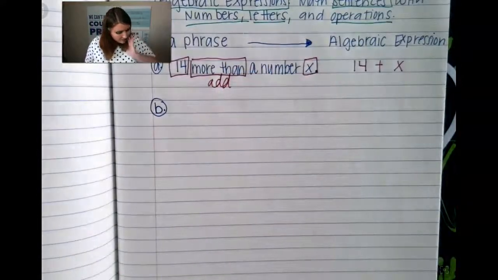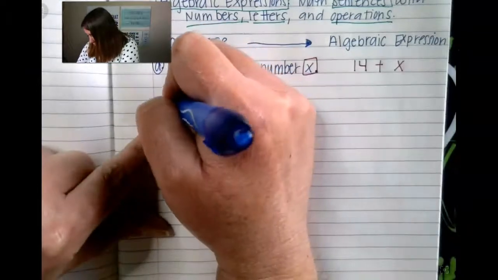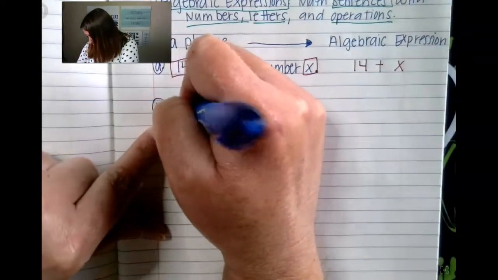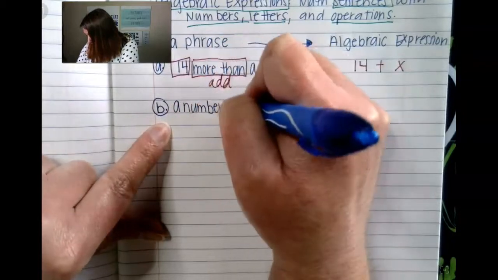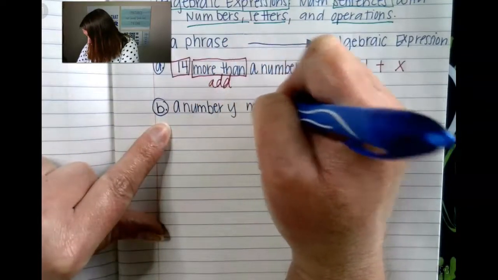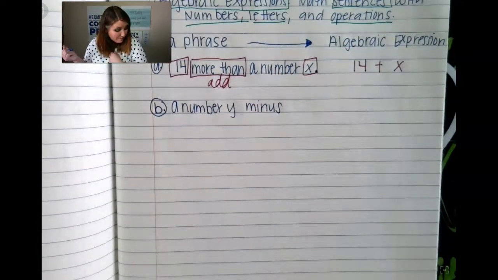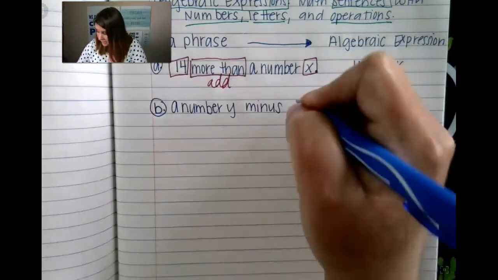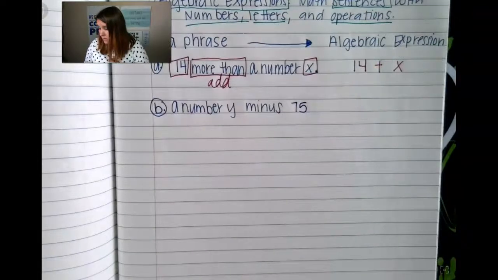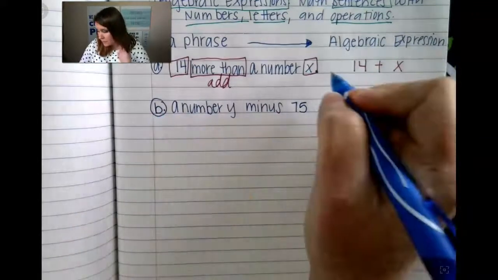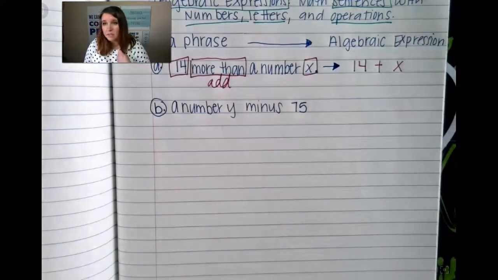Okay, B. B says a number y minus 75. All right, we have to go from the ELA phrase to the math phrase.